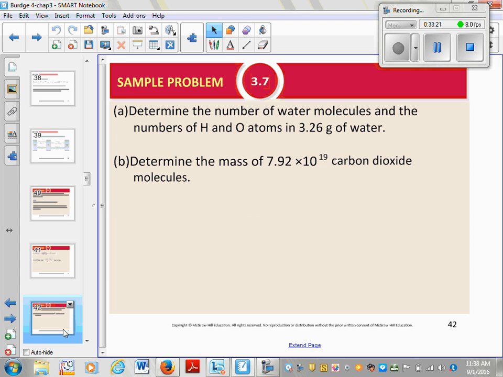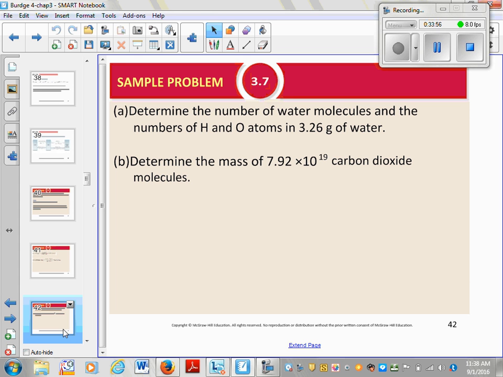Okay, determine the number of water molecules and the number of H and O atoms in 3.26 grams of water. So what are we given? So we're given grams of, according to the map, grams of A. What do I want to find out first?